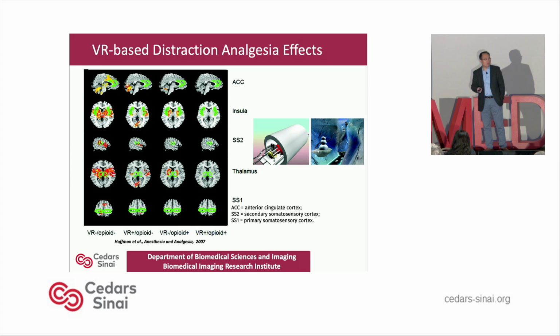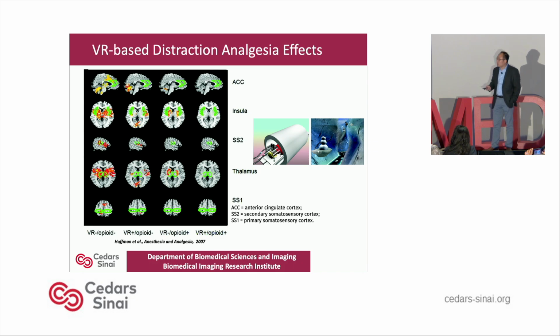Hoffman et al. in the early 2000s, about using VR, how our brain changed after VR therapy. If you see, the first column is the brain activation with no VR, no opioids, so this is the brain activation during pain. And you see a lot of the activities, the red activities going on in the first column.